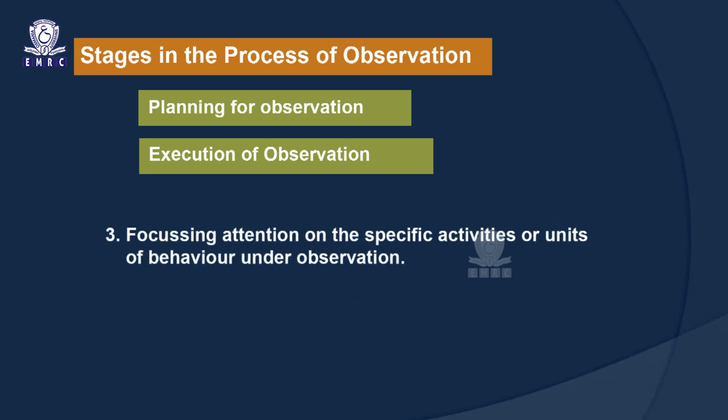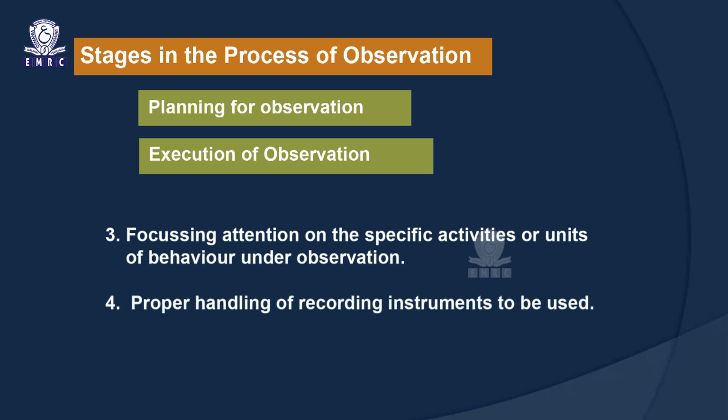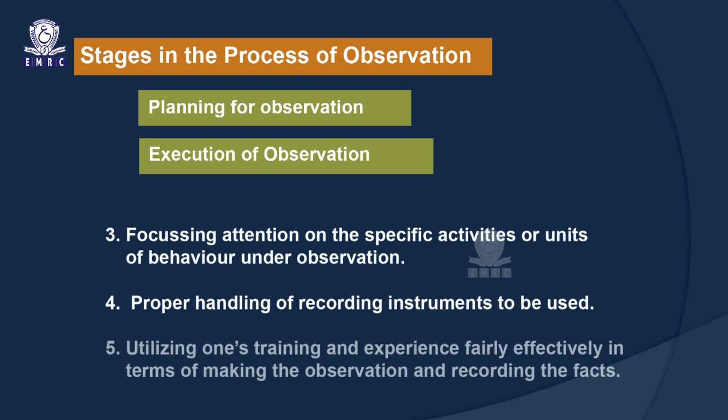Third, focusing attention on the specific activities or units of behavior under observation. And fourth, proper handling of recording instruments to be used. And fifth, utilizing one's training and experience fairly, effectively in terms of making the observation and recording the facts.